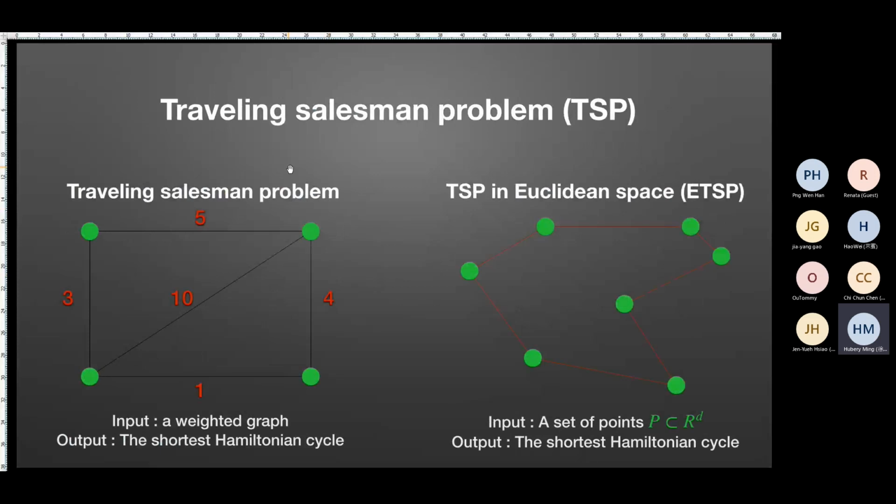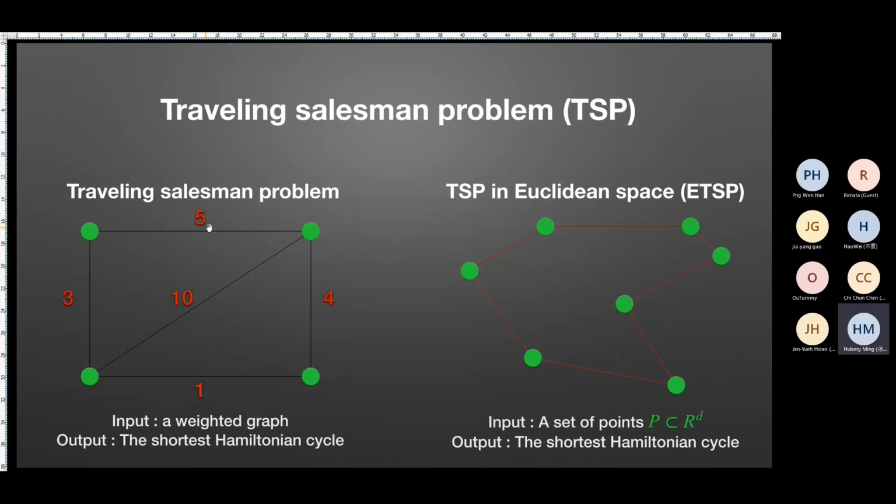Let's consider the general traveling salesman problem. The problem is that we are given a weighted graph. A weighted graph is a set of nodes and a set of edges connecting these nodes.